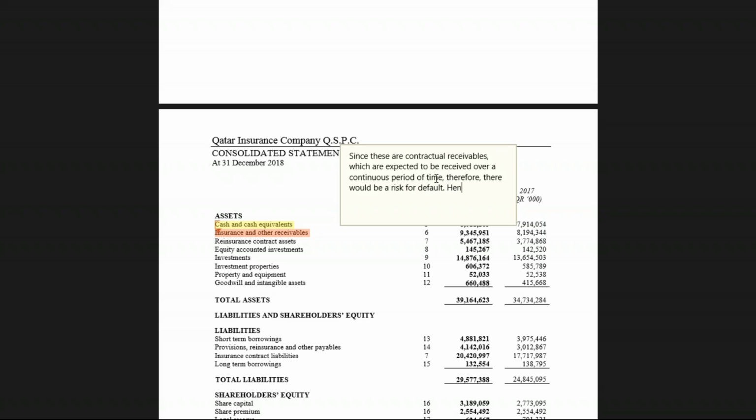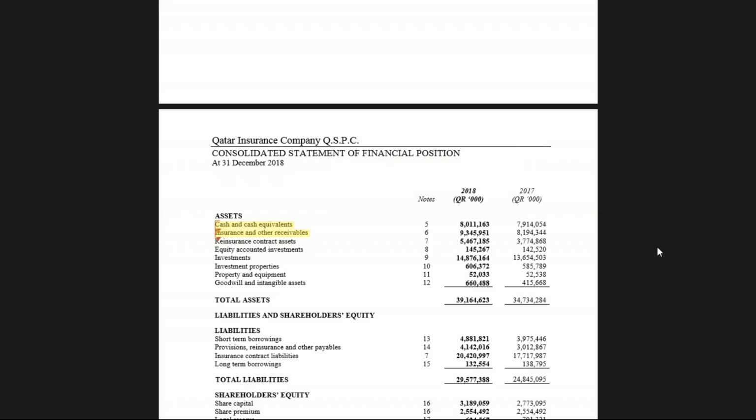Hence, provisions need to be maintained under the IFRS 9 standards. So that is something important.